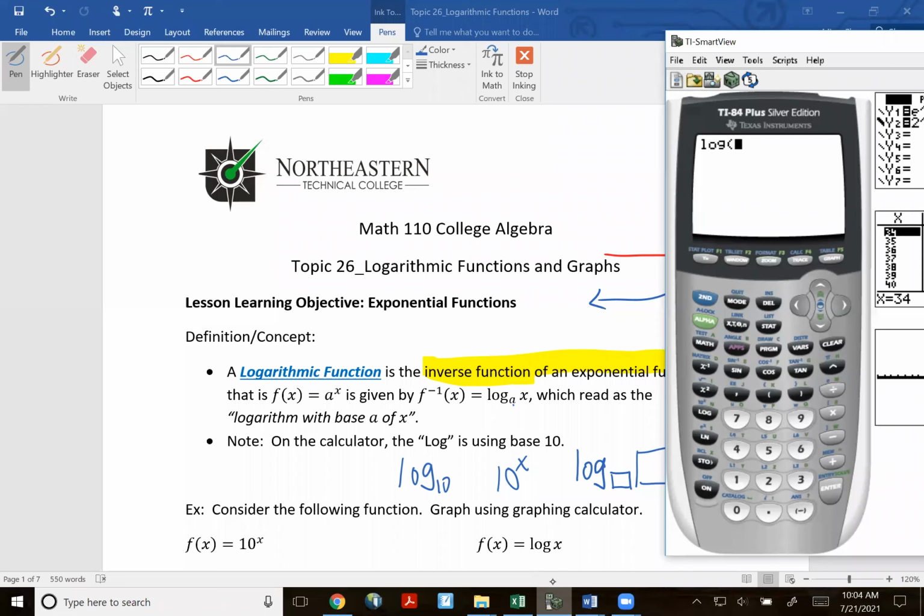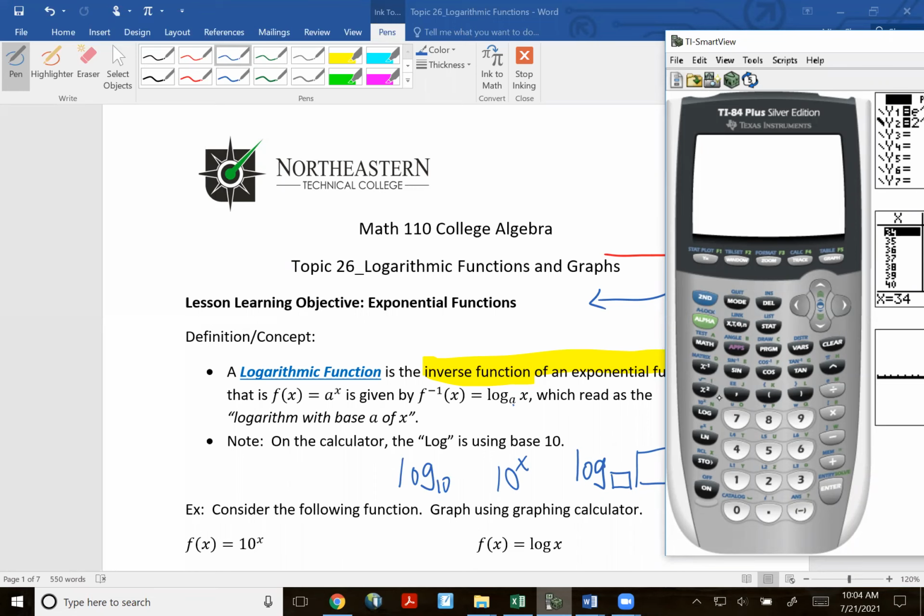On the graphing calculator, the opposite operations, or the inverses of one another, are right next to each other. That's the reason why above the x squared button is the square root, because square and square root cancel each other out. They're considered inverses of each other.